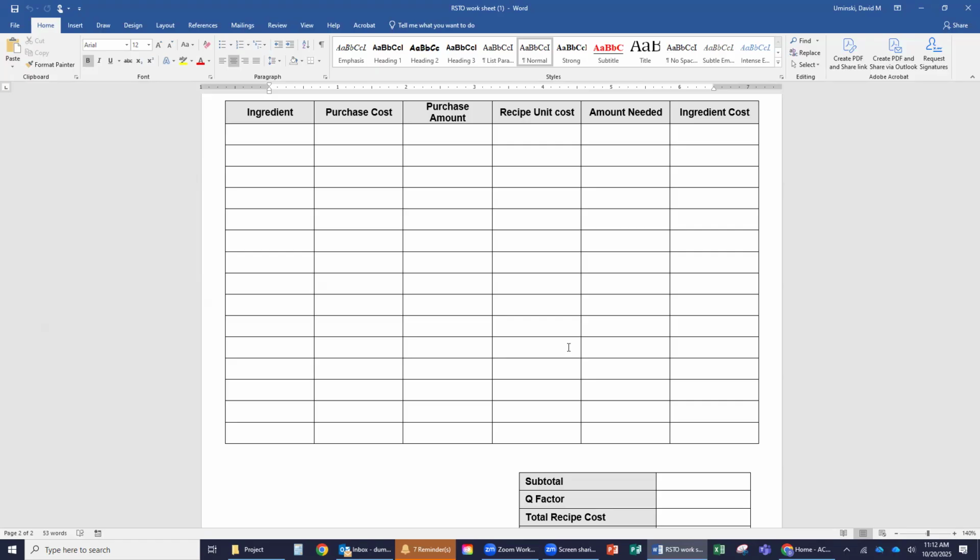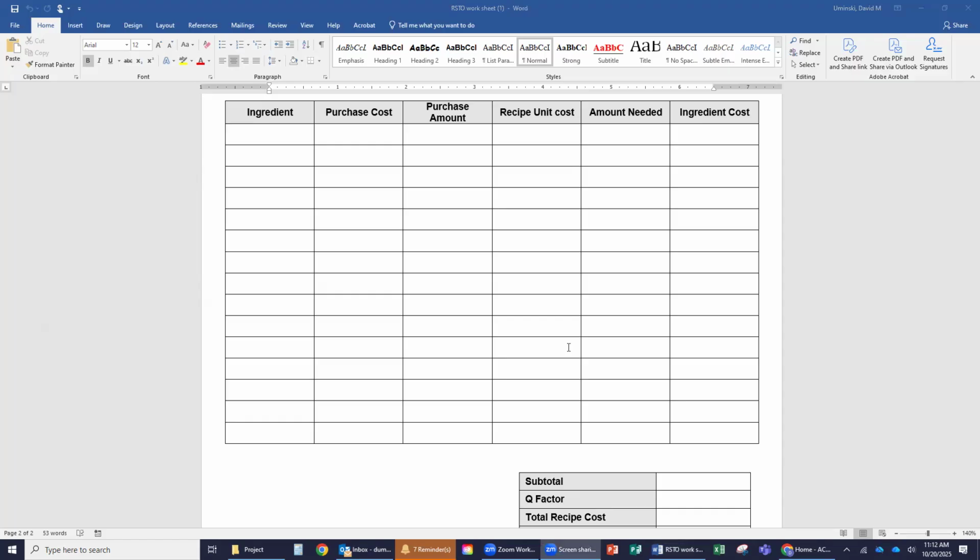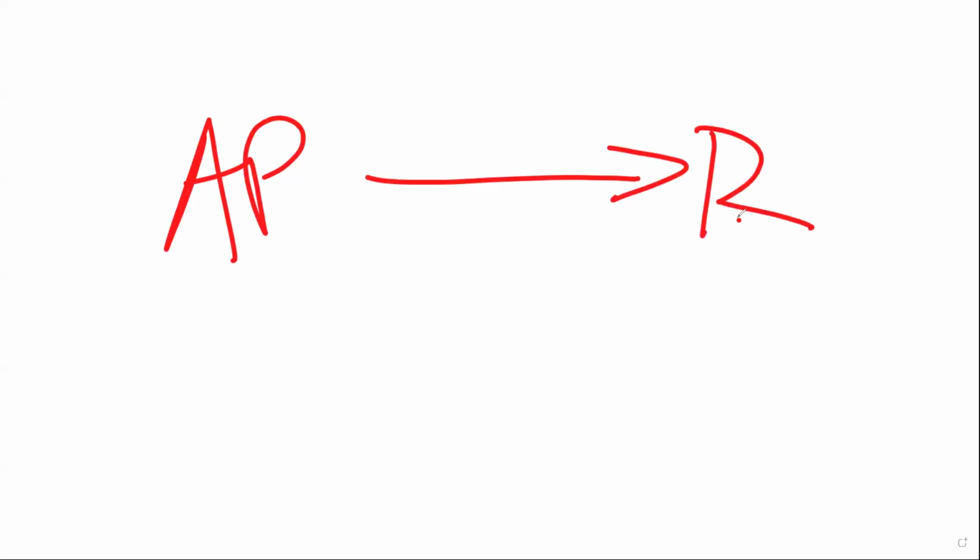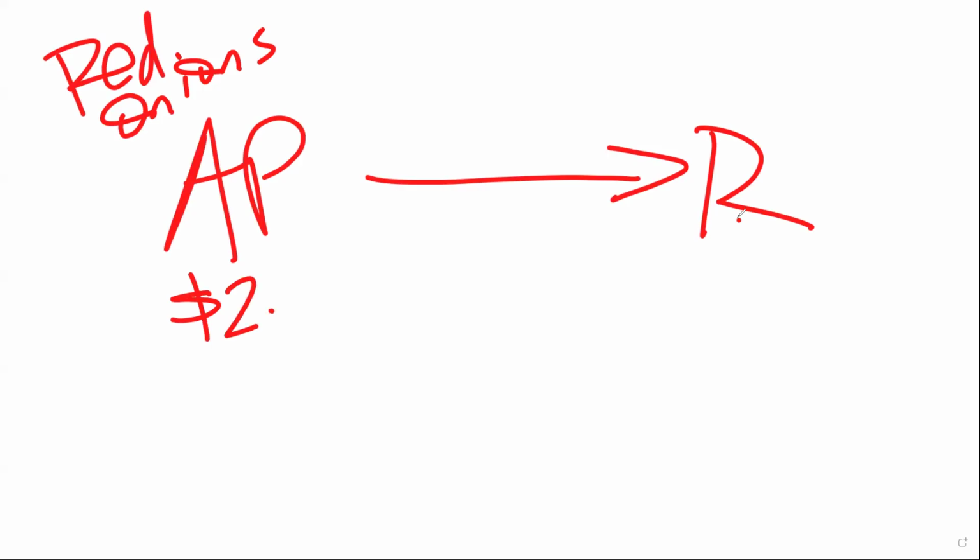That's going to help you more with the calculation portion. So if we have the AP to recipe, for example, and let's say we're using the red onions. Because Canvas is down, I don't know the exact numbers, but let's say our as purchased is $2.50 per pound, and our recipe calls for 4 onions.